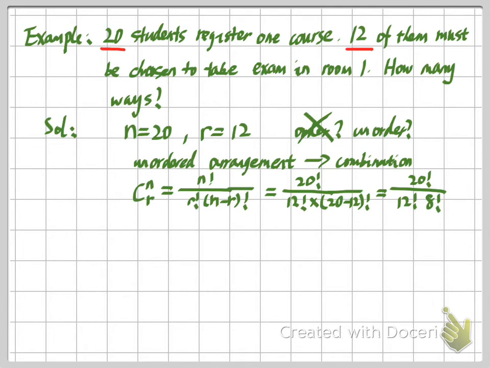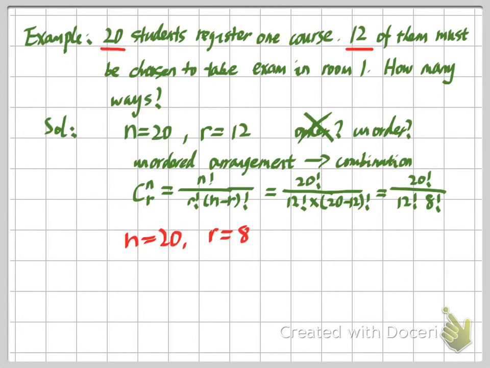And then here, before the end of this lecture, what will we know? If our question is another one, we still have 20 students, but now we want to select 8 of them and put them in maybe room 2 or room 3, anything not room 1, right?